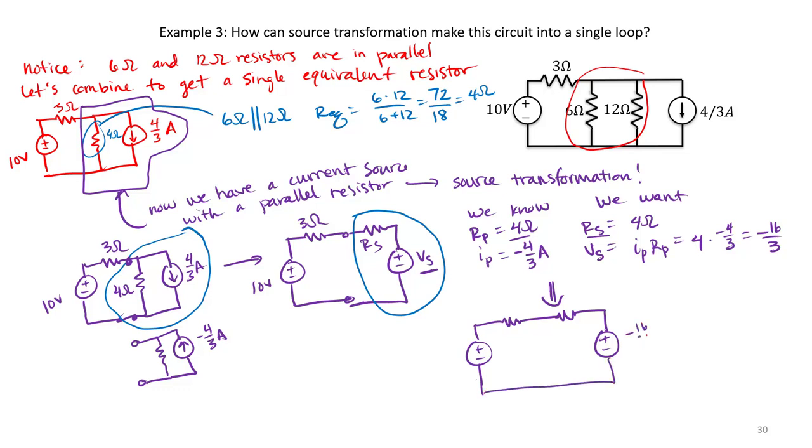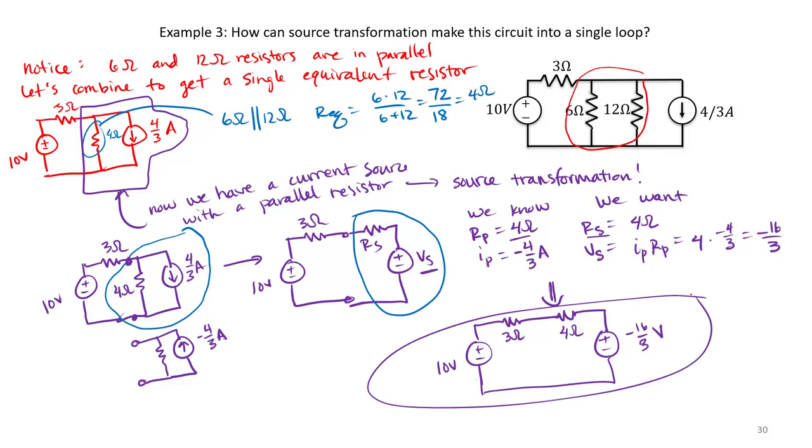And here we have negative 16/3 volts. We have our RS value, which is 4 ohms, and then we still have the same items on the other side. So there you have it. So again, be very careful here of orientations and signs.